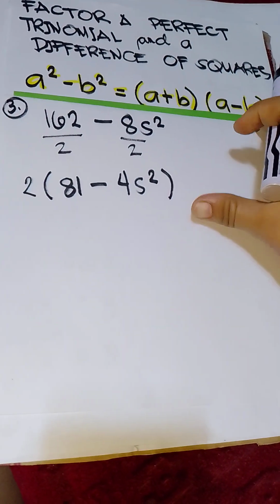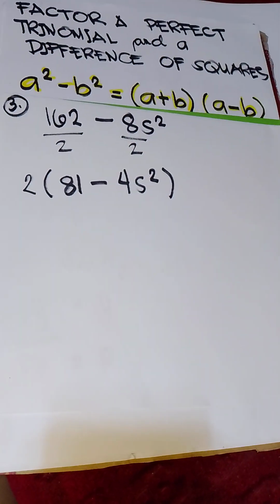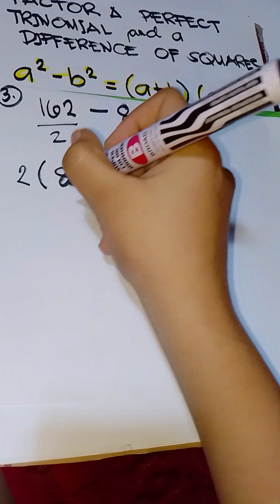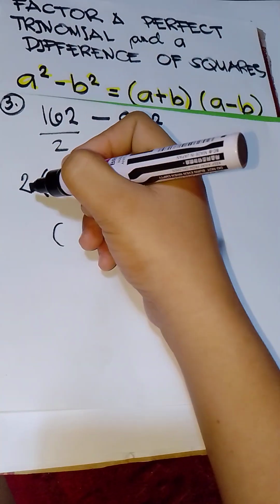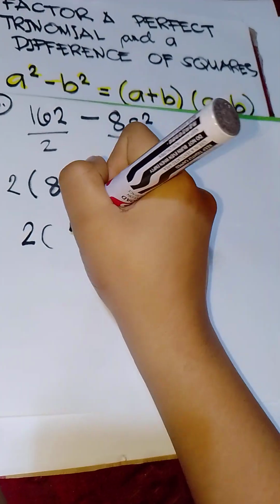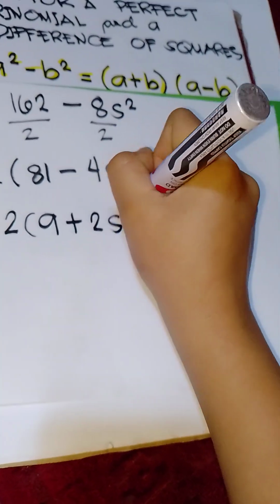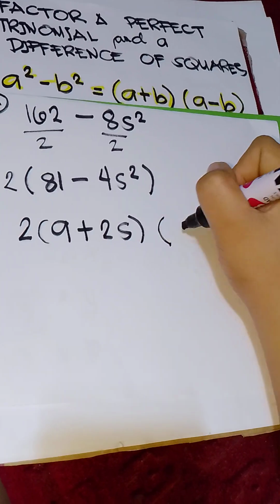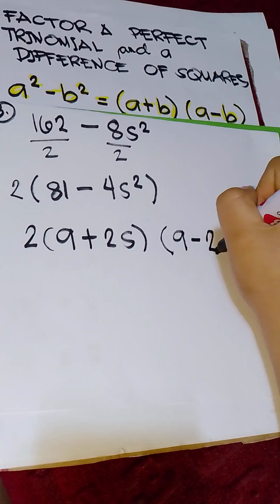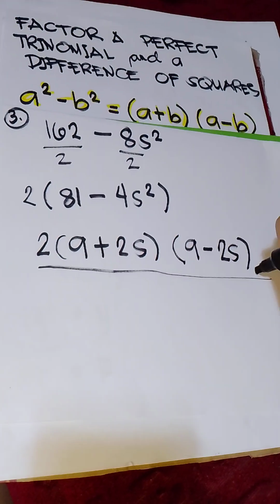So we can already factor this expression. Don't forget to write 2. And then we have 9 plus 2s and 9 minus 2s. So this will be our factor.